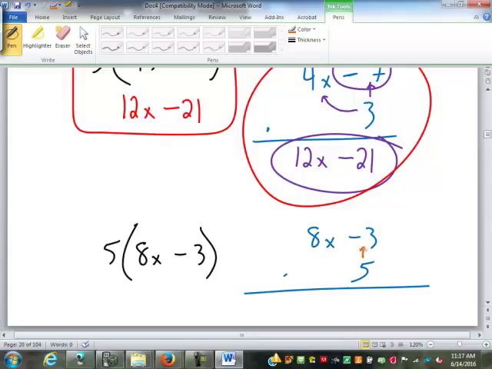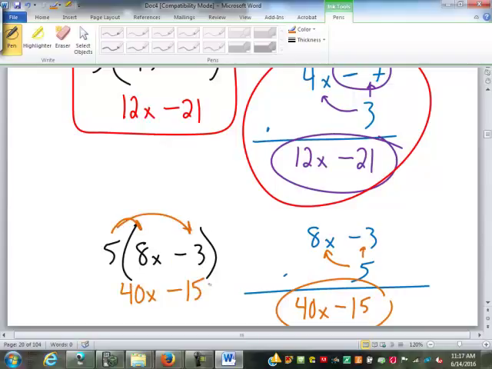So I'll do 5 times negative 3 is a negative 15. 5 times 8x is 40x. Or the same here. 5 times 8x is 40x. 5 times negative 3 is a negative 15. Either way, 40x minus 15. How many of you had that? Okay, good. We're getting there.